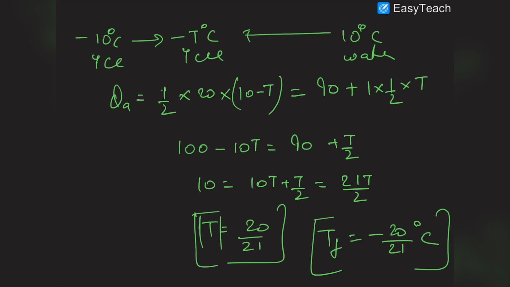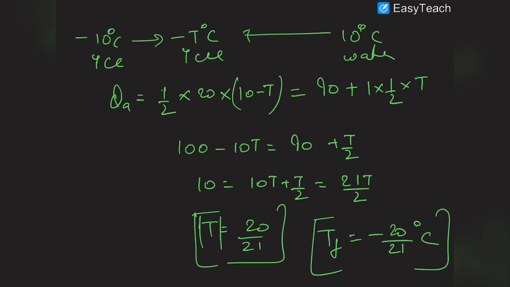So obviously we know that the surrounding temperature is the room temperature, which would be greater than the temperature of ice, obviously. So finally ice cannot be formed because the room temperature is 27 degrees Celsius around. So water would be formed in any case.